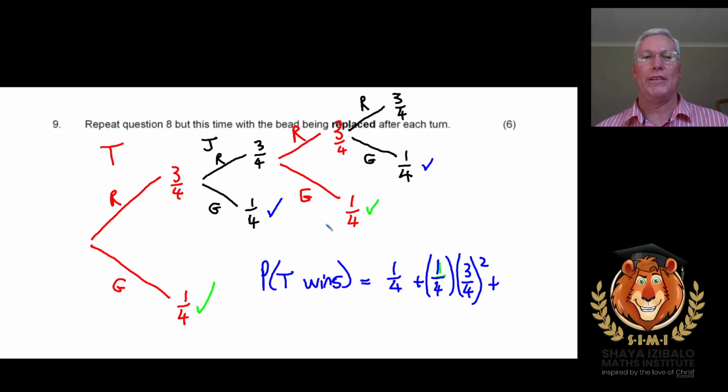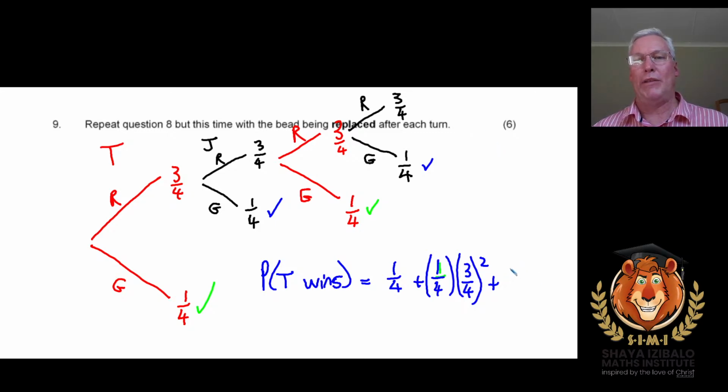So I'm just checking this. This probability of Tandy winning is actually 3/4 times 3/4 times a quarter. All right, which is correct. The way Tandy would win next would be 3/4 times 3/4 times 3/4 times 3/4, and then times a quarter.